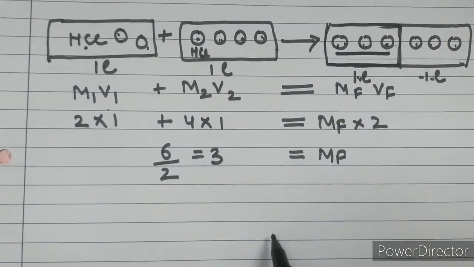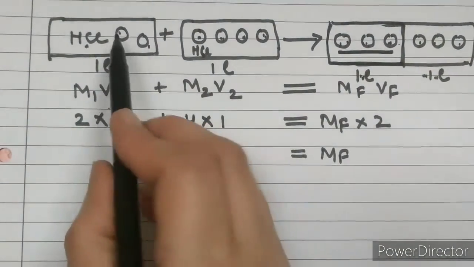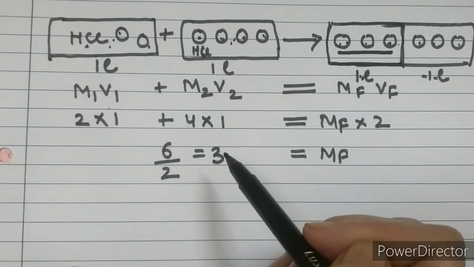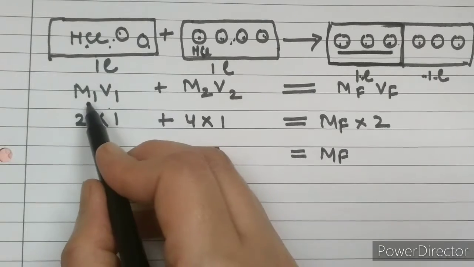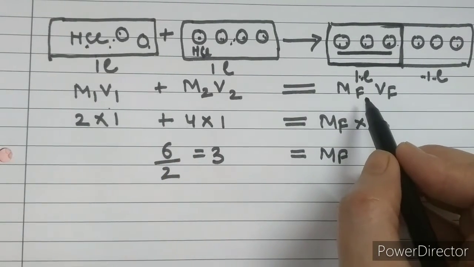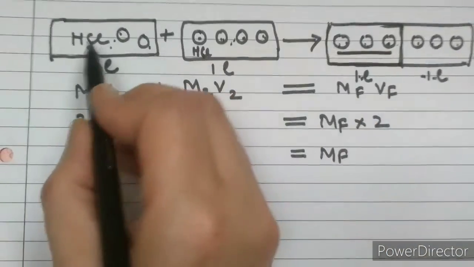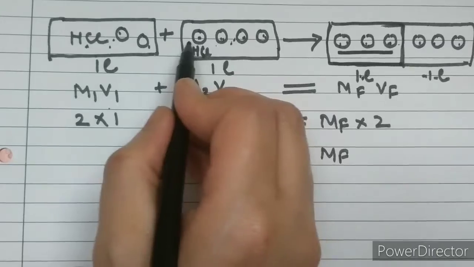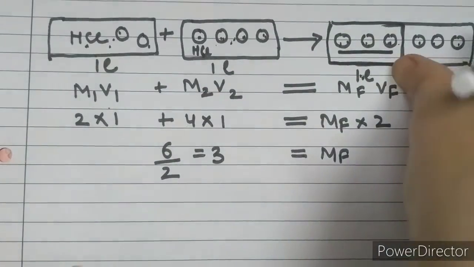So whenever we add acid to acid, the new molarity equation is M1V1 plus M2V2 is equal to M final, V final. But if instead of acid, I had taken a base. Suppose we are taking two acids, the number of moles get added up.